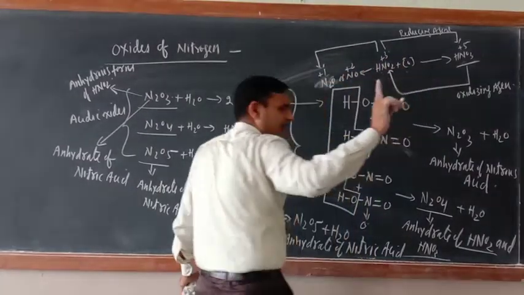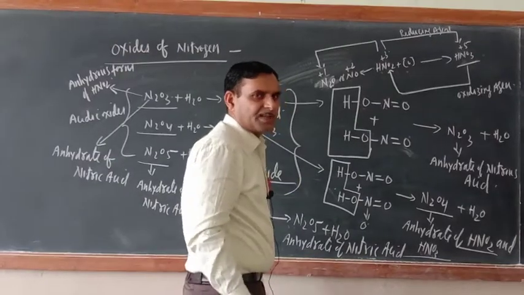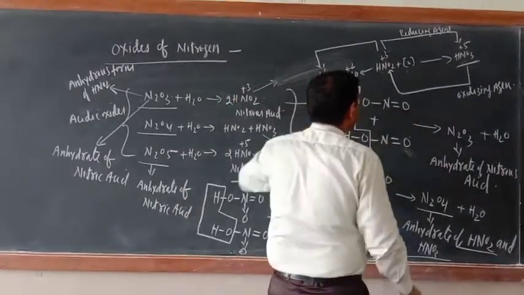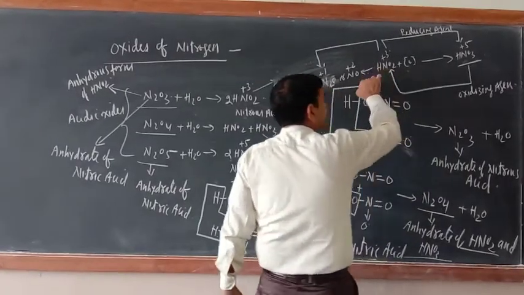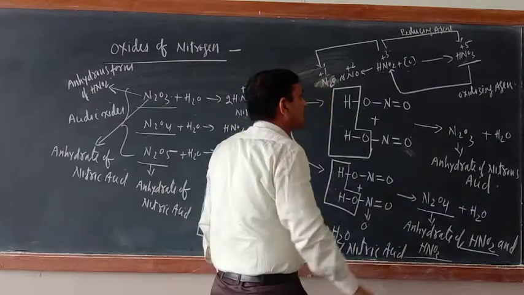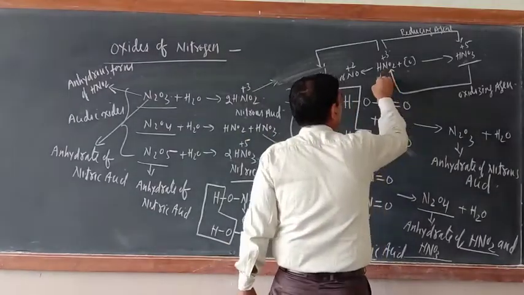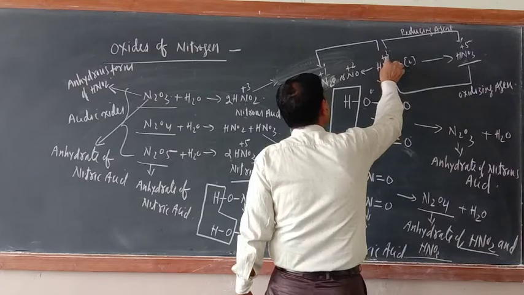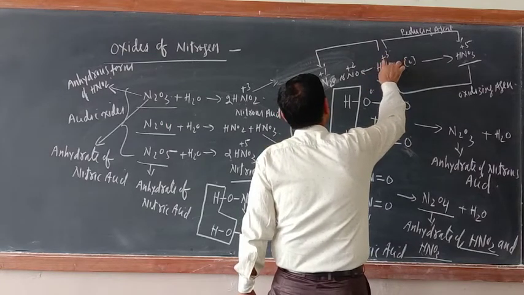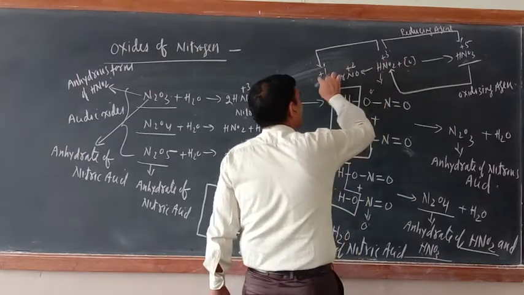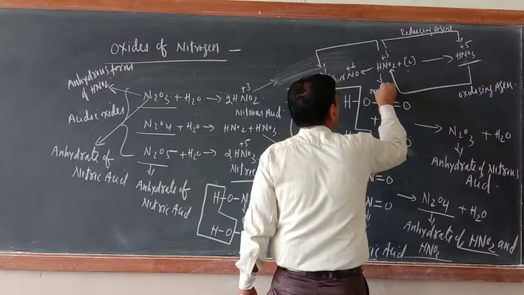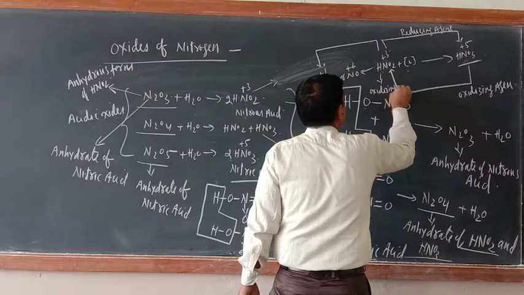So when the positive oxidation state decreases, what is the meaning of that? It is undergoing reduction, and the substance which undergoes reduction is known as an oxidizing agent also. So when its oxidation state is reducing from +3 to +2 or +1, it is undergoing reduction, so it will become an oxidizing agent.